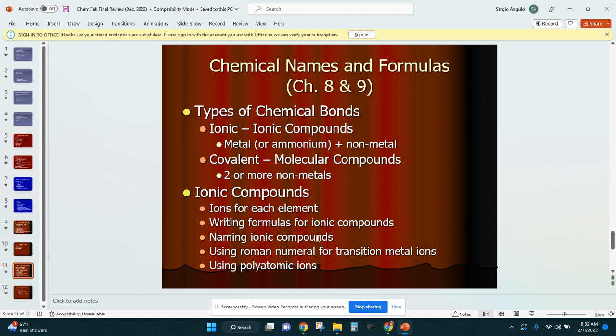Naming ionic compounds is pretty easy. All you do is say the name of the cation and then the name of the anion. Quick reminder, a cation is any ion with a positive charge. An anion is any ion with a negative charge. Also, don't forget to use Roman numerals when you have a transition metal ion.